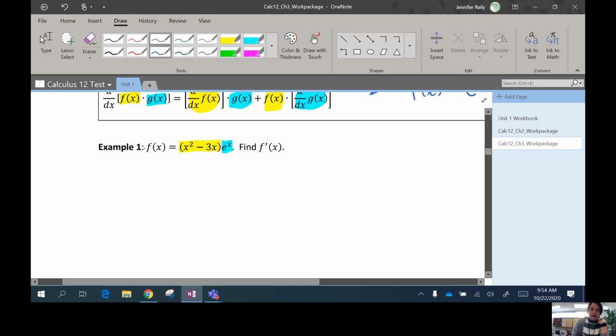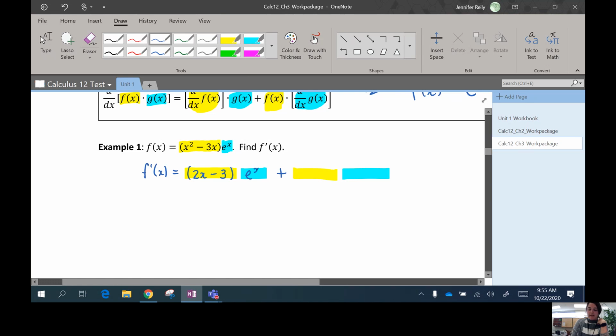So the answer is going to have the following structure. We take the derivative of the first term times the second term, and we add it to the first term times the derivative of the second term. Okay, so let's see how that looks. So we take the derivative of the first term, so we're going to use the power rule, so bring the 2 down, reduce the power by 1, and then for 3x, the derivative would just be 3.